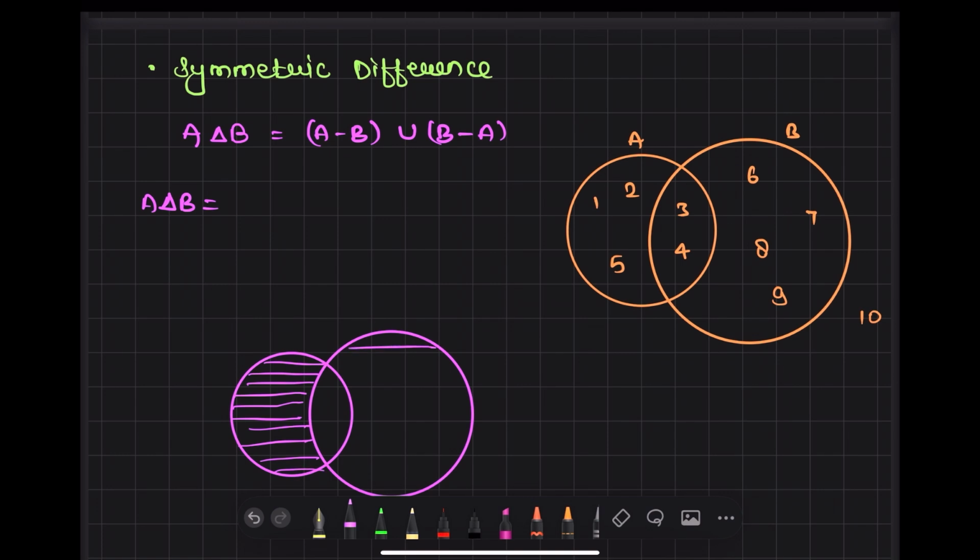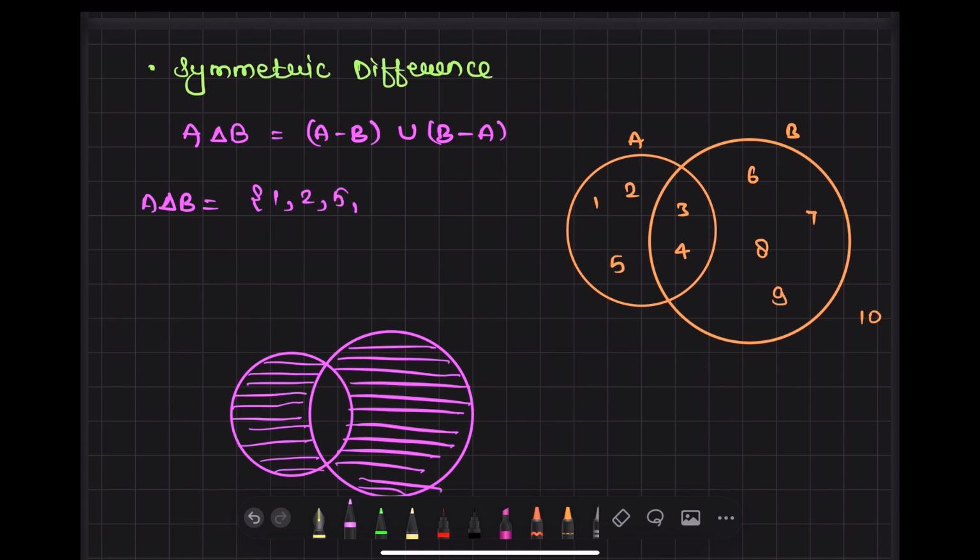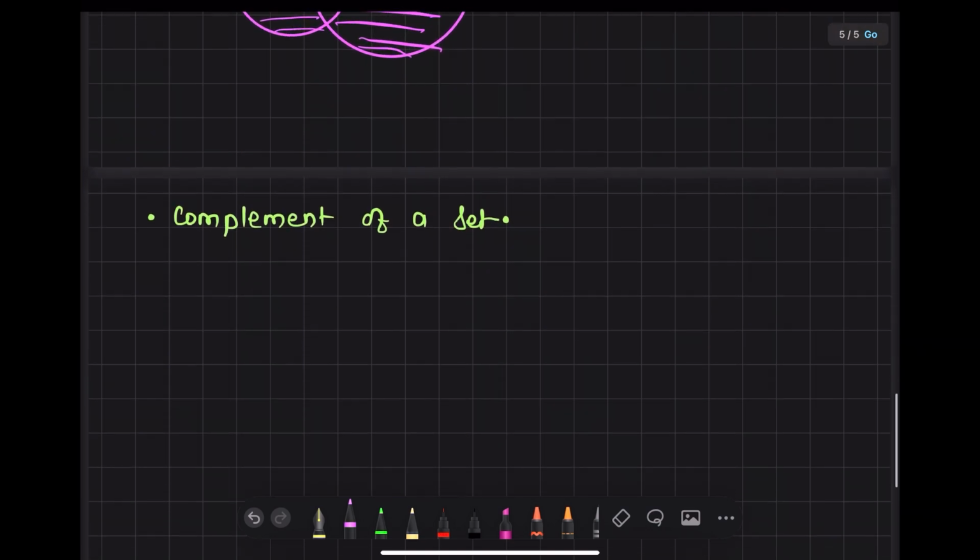It's an or. So this is your point of observation. Okay, so if we'll talk about A triangle B symmetric difference, you will get a set that contains 1, 2, 5, 6, 7, 8, 9. Okay, so this is your symmetric difference.